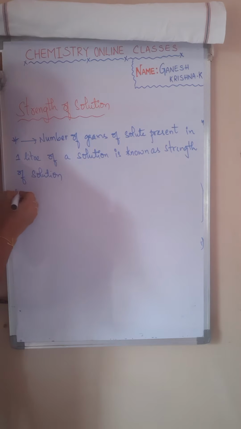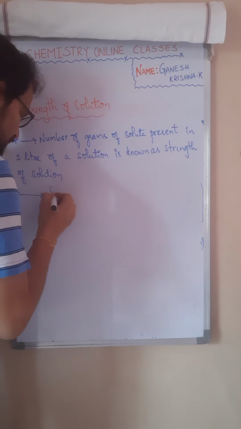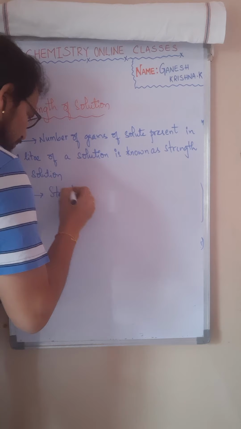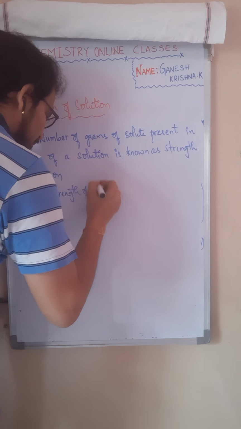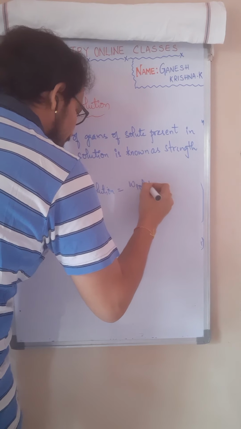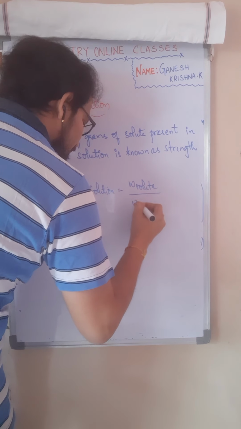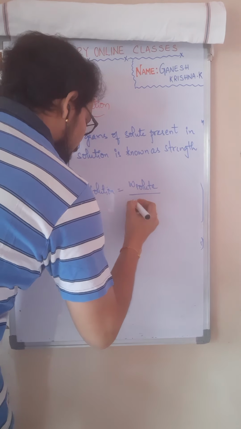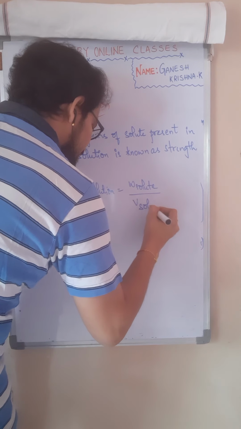Okay, and what is the mathematical expression to find out the strength of solution? Here, strength of solution is given by the formula weight of solute by volume of solution.